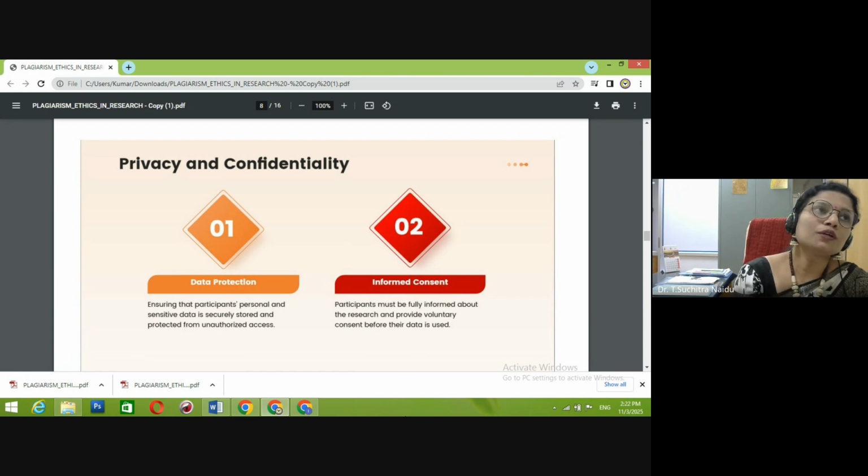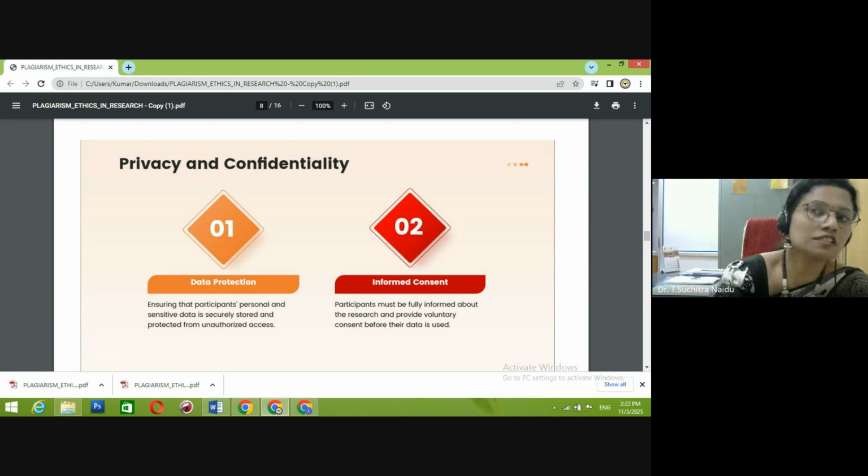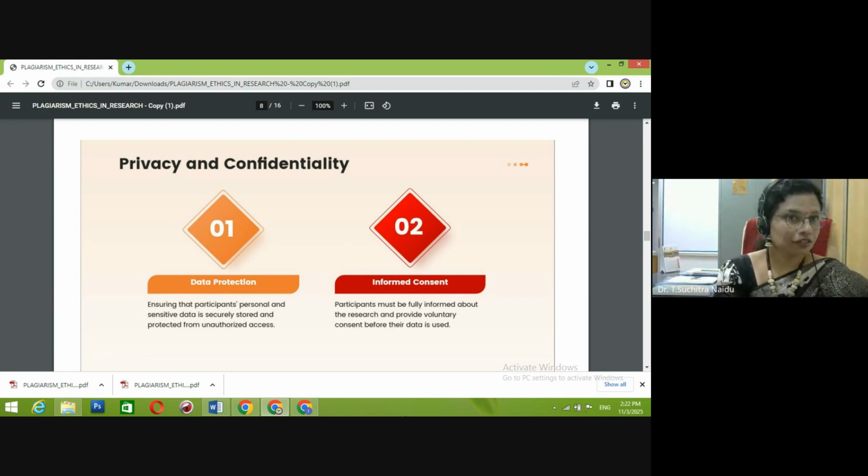When they approach the doctor, the physician is very well aware of the symptoms of that particular person, what the problem is, and what kind of treatment to give. Sometimes it so happens that the patient who comes to the hospital has no proper family background, or doesn't have anyone to take care of him, or he's single.